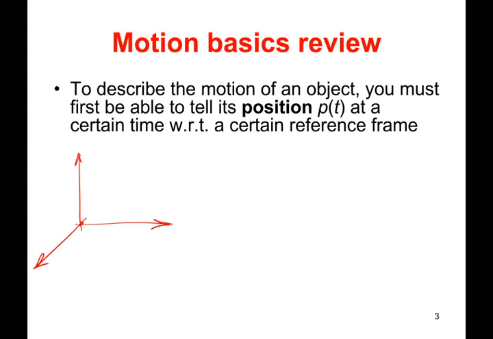Let's say this is your frame of reference, and we have already seen the different frames of reference, the fixed frame of reference, the moving frame of reference, and so on. You first have to have one of these, and then you have to know the position of a point or of a mass with respect to the frame of reference at a certain time.